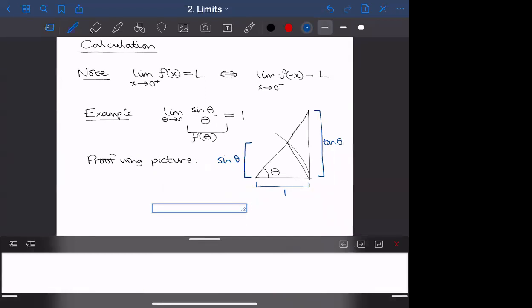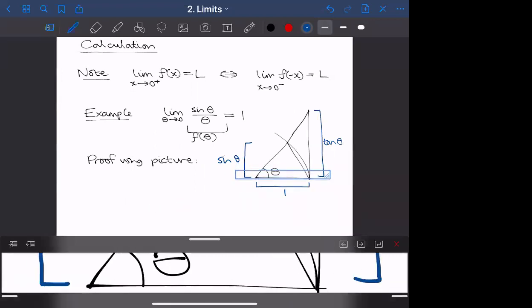Okay, and so I now want to calculate areas. That's the trick.